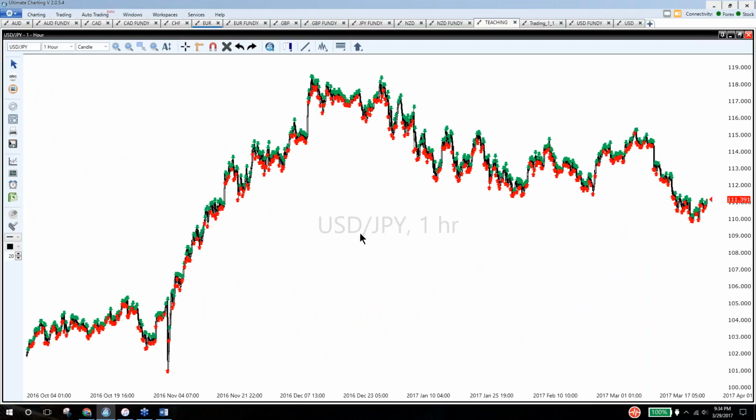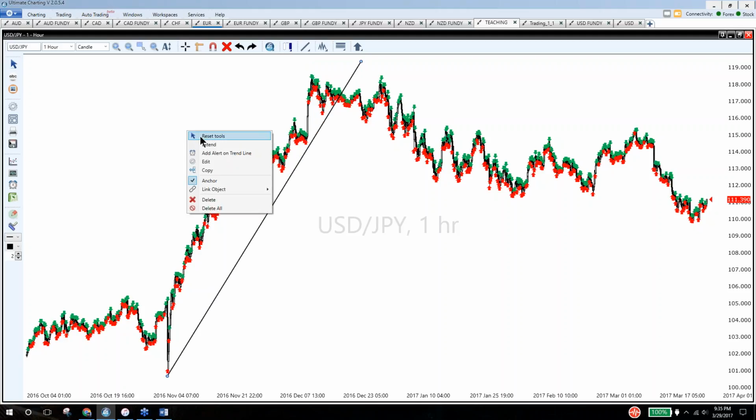Next, we're going to identify the highest high and the lowest low of the chart. So lowest low, highest high appears to be here. It's trend line. And we draw our Fibonaccis.